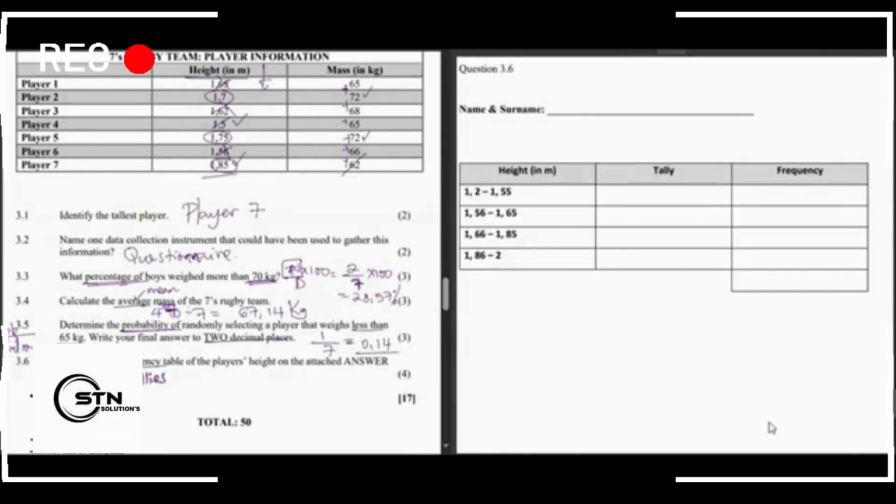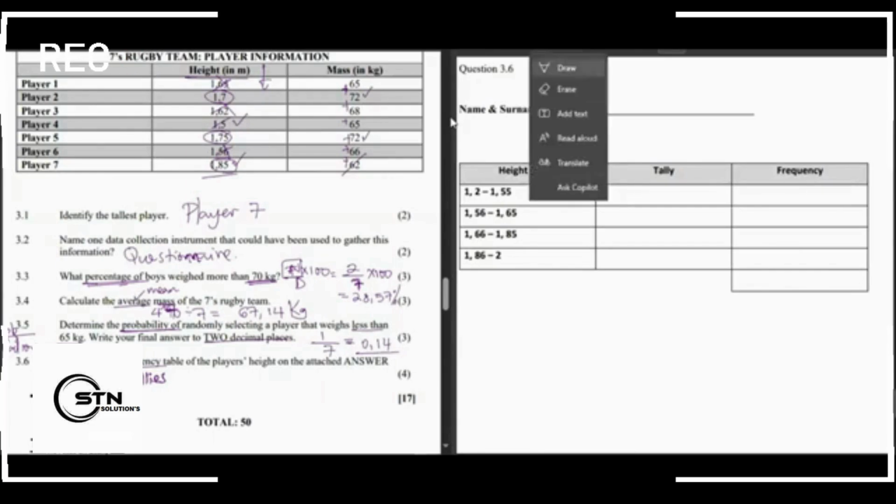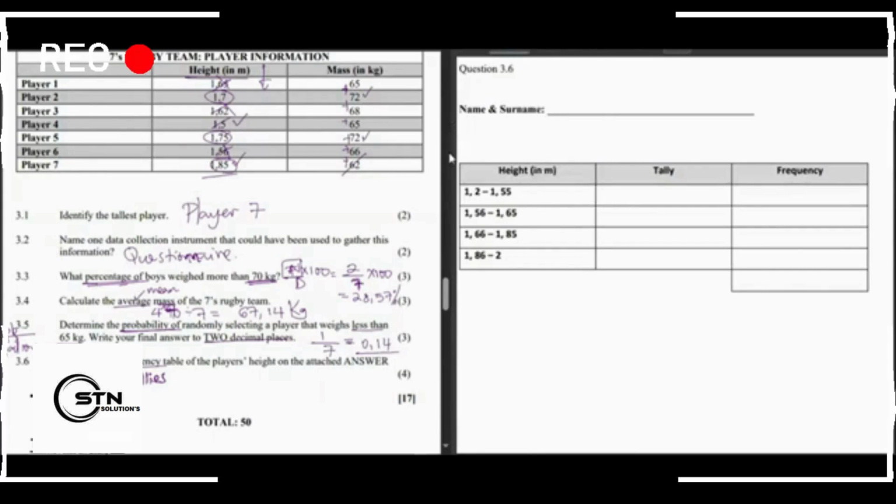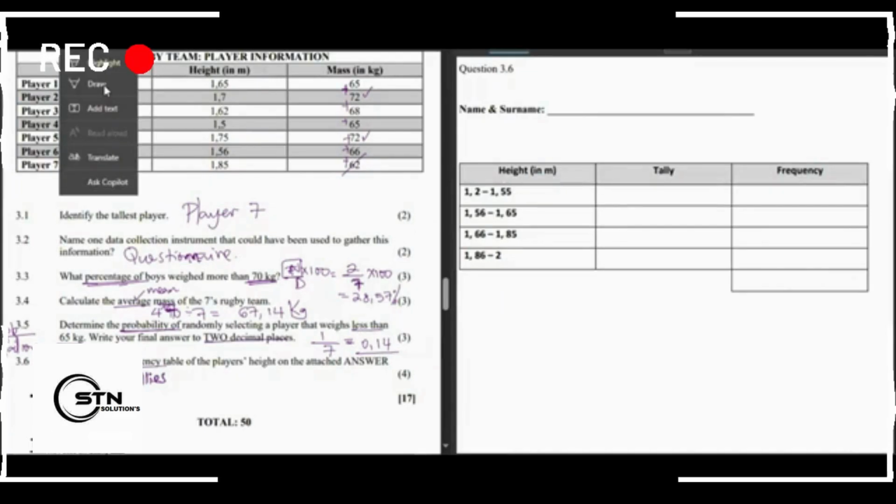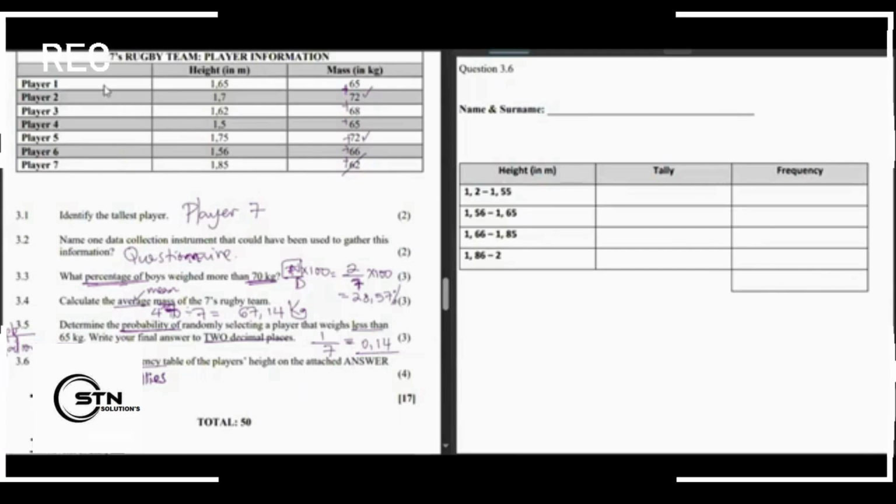We shall be answering the frequency table. We say numbers between, let's come here, we are looking at the height because it's what is given. This is the height. Looking at the height, 1,2 to 1,55, we only have 1.